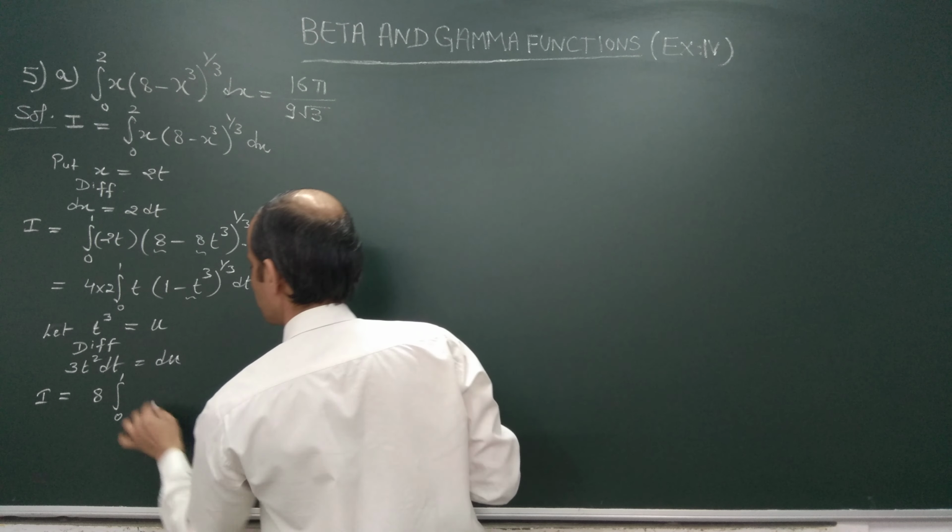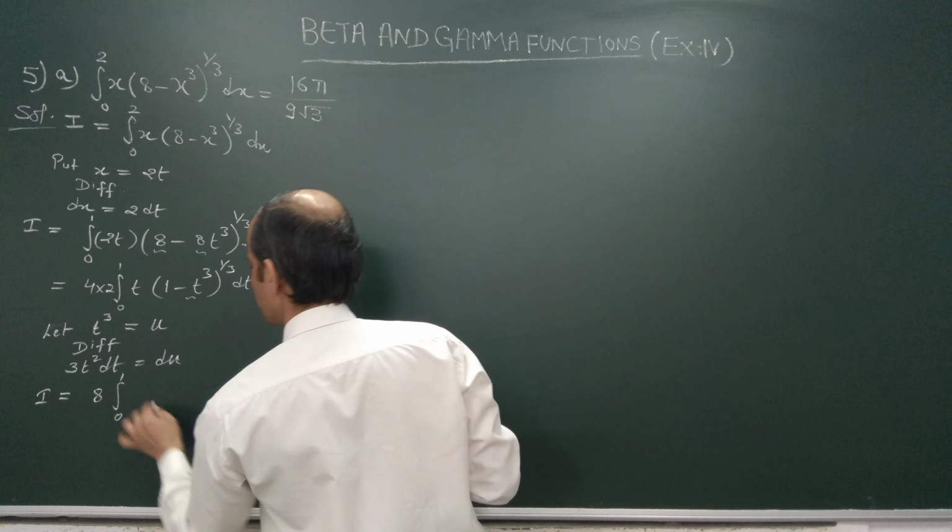On simplification we get 8 upon 3, integral from 0 to 1 of (1 minus u) whole power 1 upon 3 du. t cancels with t, we get 1 upon t, and t is equal to u raised to the power 1 by 3.